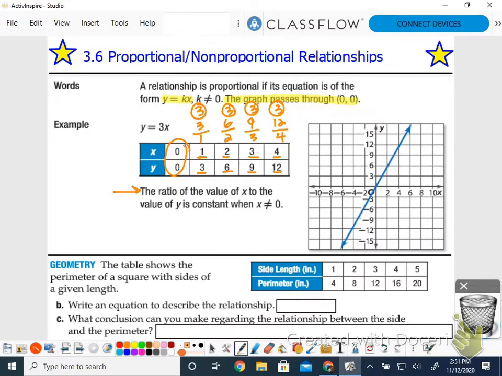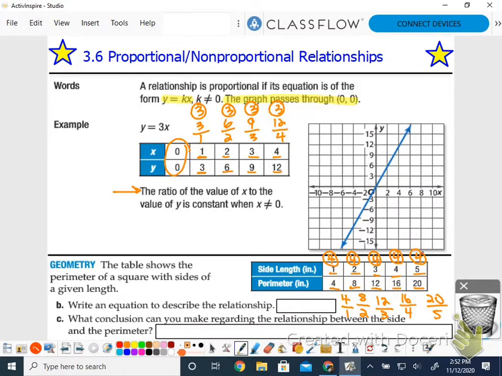Okay, so let's start by doing what we just did. 4 divided by 1 is 4. 8 divided by 2 is also 4. 12 divided by 3 is 4. 16 divided by 4 is 4. And 20 divided by 5 is 4. So we have a constant rate of change, so that's good.